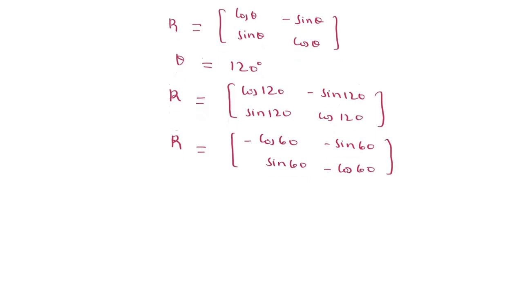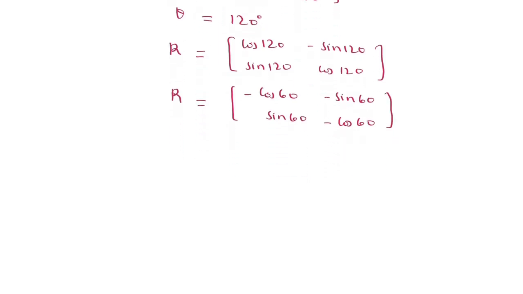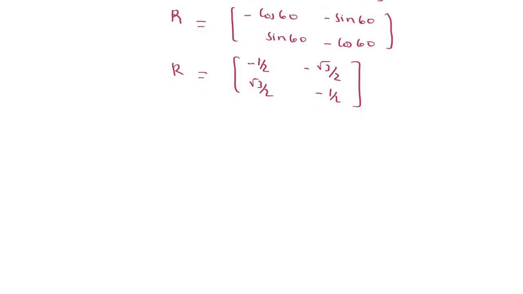So next we are going to apply the special angle values for 60 degrees. Then our equation is going to be R equals matrix negative 1 over 2, root 3 over 2, negative root 3 over 2, negative 1 over 2. Okay, so next we are going to substitute the value of the R matrix and point A in the transformation formula.